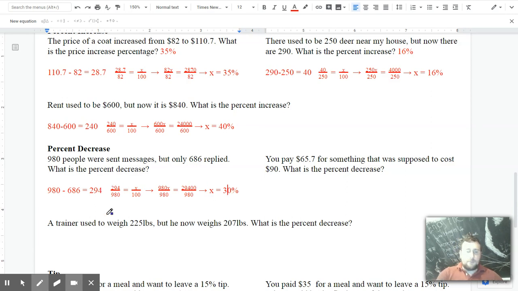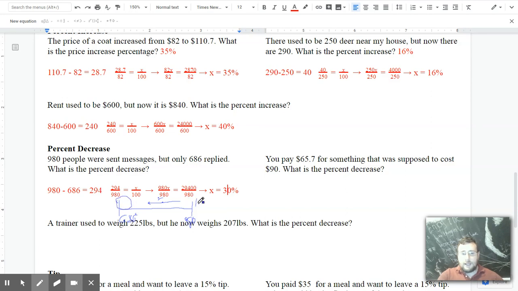But then remember the idea of the setup here, okay? If you actually start with 980 and you end up with 686, all right? If you use this number, you are not looking for the actual percent decrease. You're going to find this as your 70%.